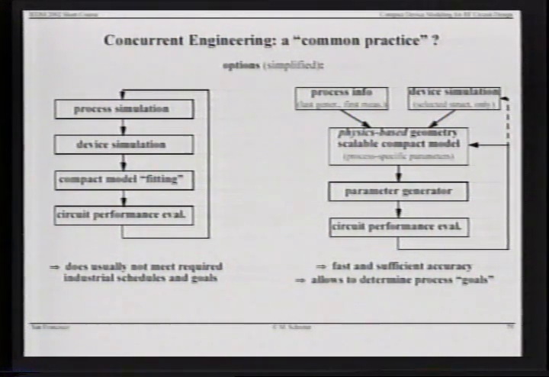Generate those parameters, and all this can be done in a very short time frame. You can feed in sheet resistances, you can feed in capacitances per area, which is directly related to design, and you know that very early on in the process. On the other hand, you would have to twist the process simulation and the parameters until you get something useful in terms of sheet resistances and other parameters.